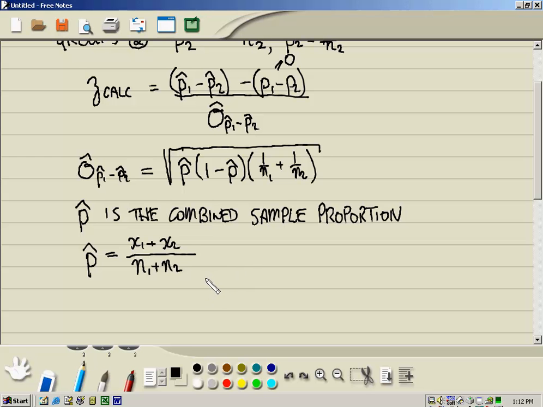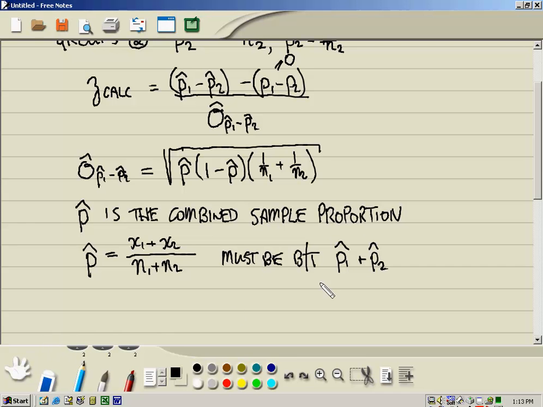So that's a combined sample proportion, and the result must be between the two individual sample proportions. In a sense, p hat is a weighted average of p hat 1 and p hat 2, so your answer must be between them, otherwise you've made a mistake.